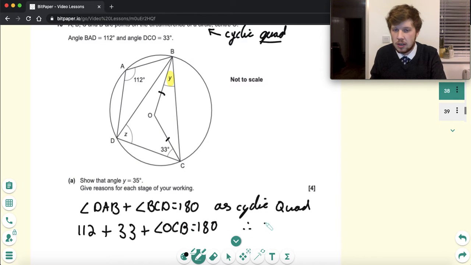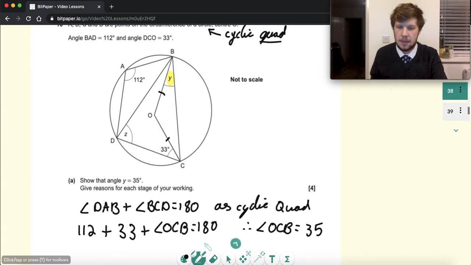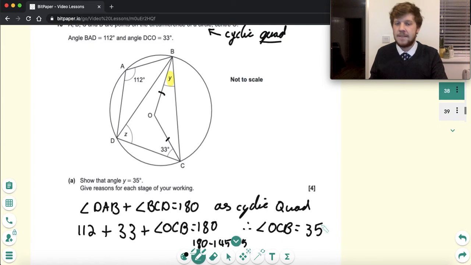So therefore, my angle OCB is equal to 35, because 180 take away 145 is 35. I might just note that down actually. 180 take away 145 is 35. That helps me to work out what this angle is.